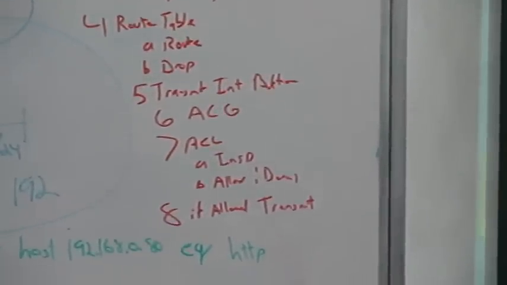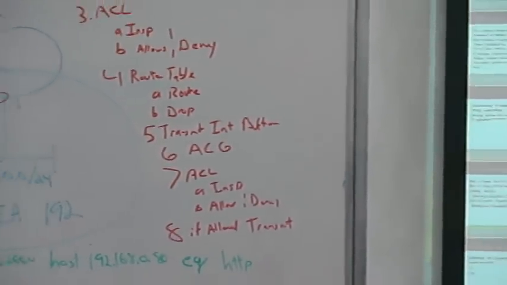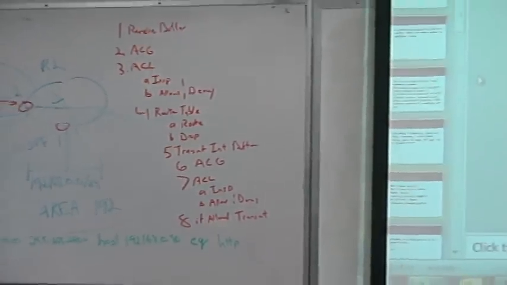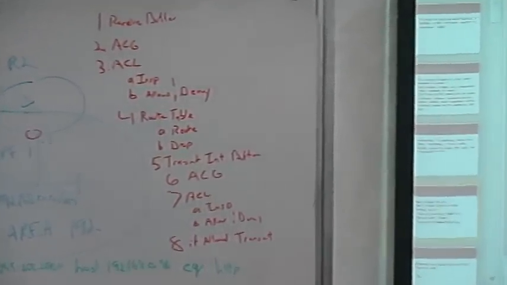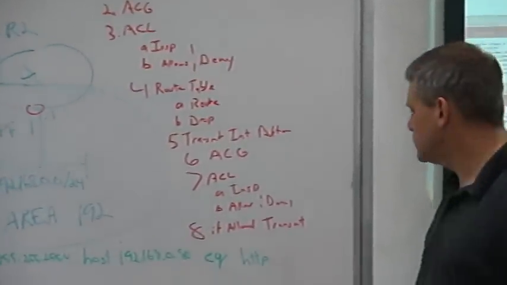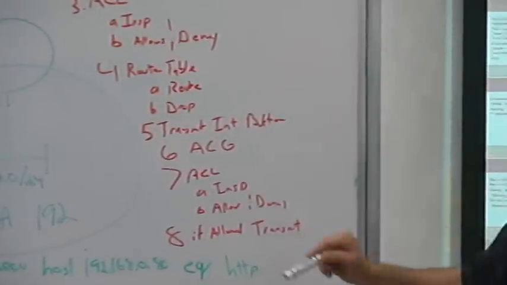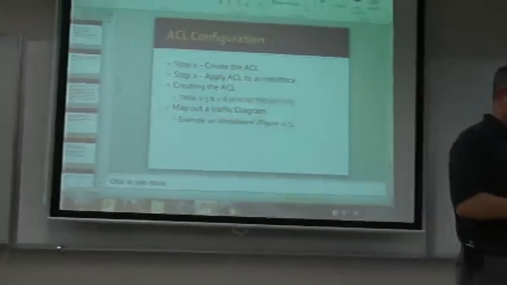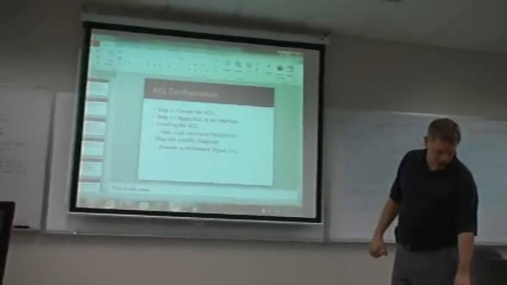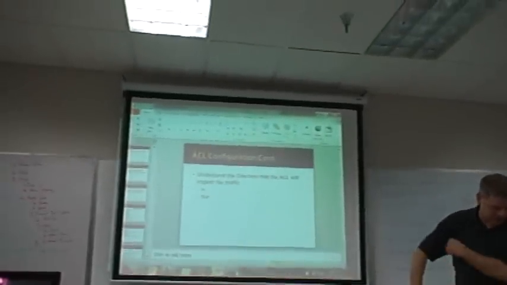Meaning, if you didn't match anything in my access list, you are automatically dropped. So that's that entire process of how an access list operates, and how a packet traverses a router.